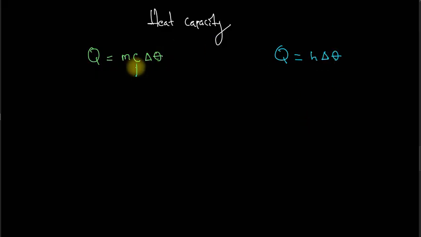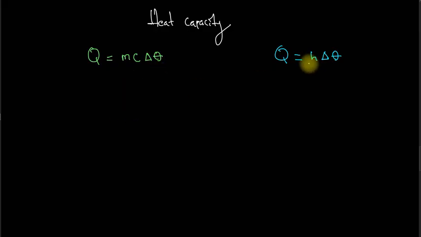So specific heat capacity is the amount of heat that is lost or gained per unit kilogram. Unit for mass is kilogram, right? For every degree rise in temperature.